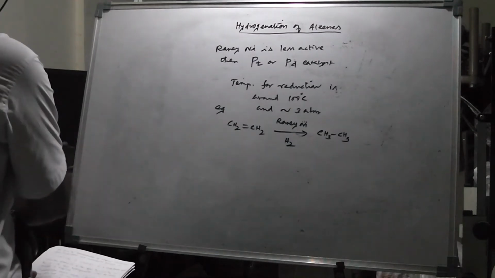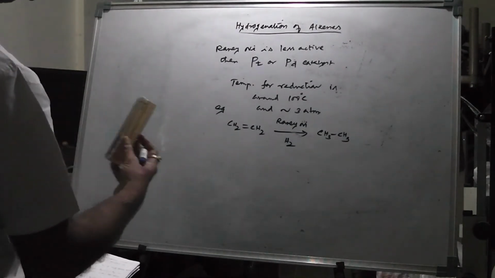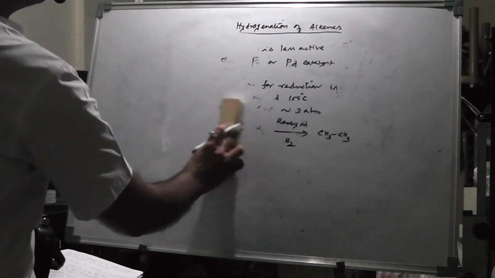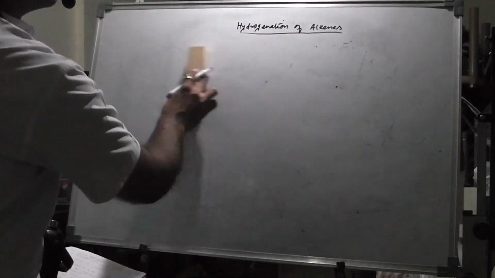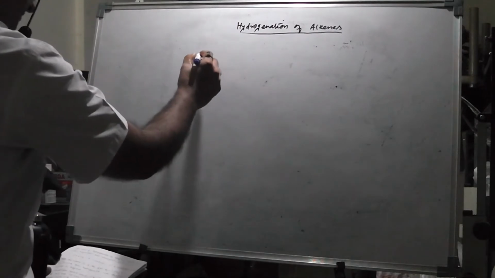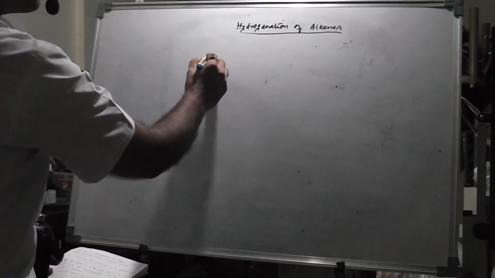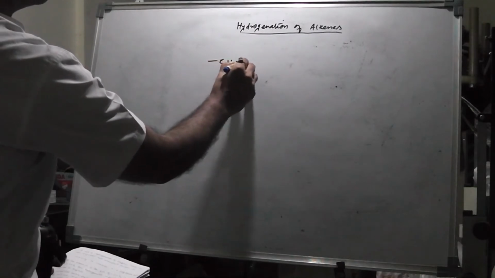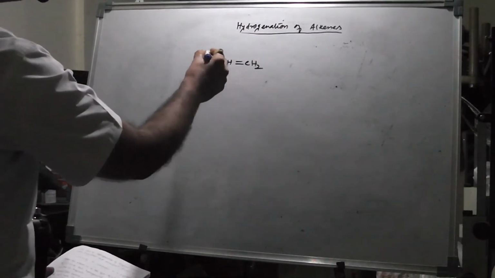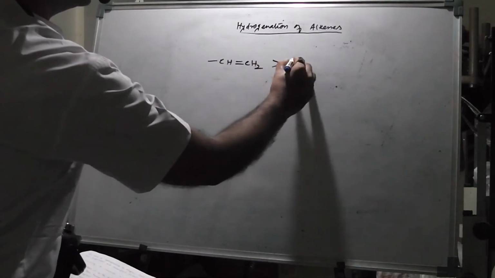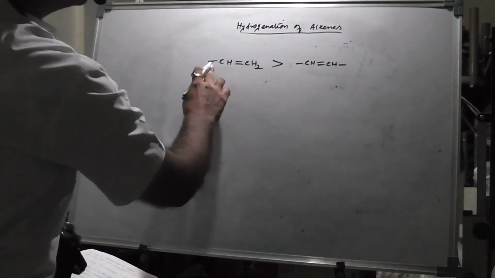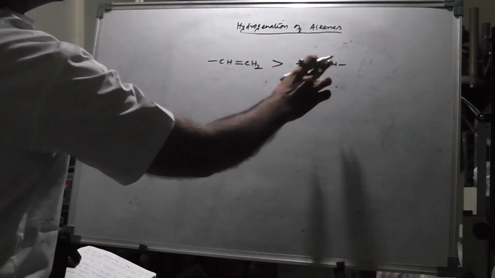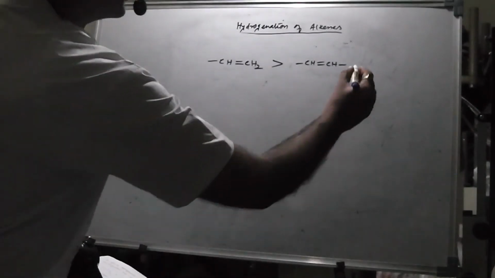Now we have to look at what kind of double bonds can be reduced easily. The rate of hydrogenation of olefinic bonds at room temperature and atmospheric pressure: monosubstituted is greater than disubstituted.